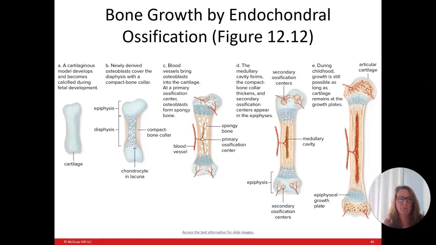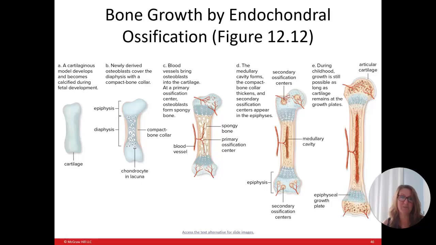The reason why I left this figure here is just so you can get an overview of what's happening with endochondral ossification. I do not want you to know A, B, C, D, E. I'm not going to ask you to label something, but just pause for a minute and look at the changes that are occurring to get an idea of what's going on with the chondrocytes.